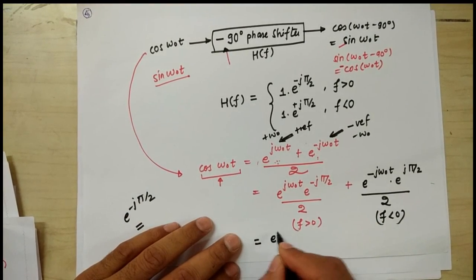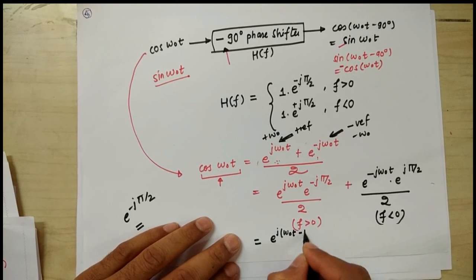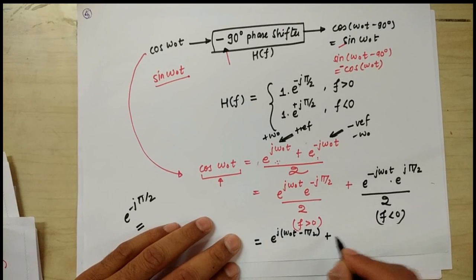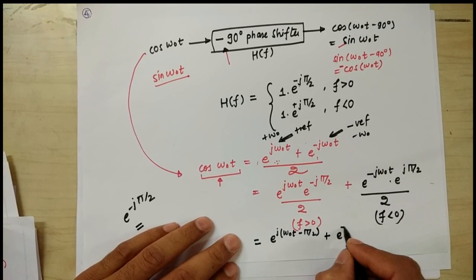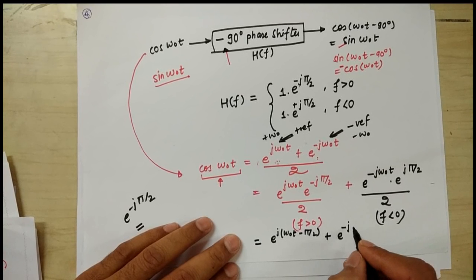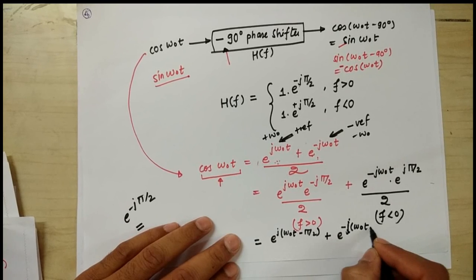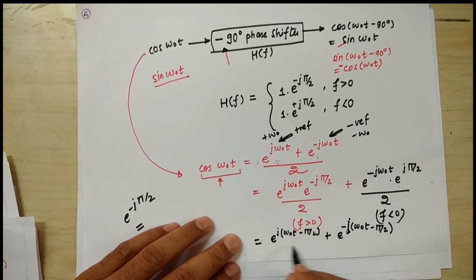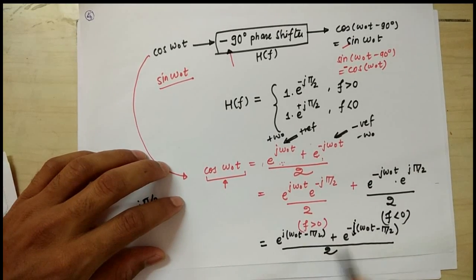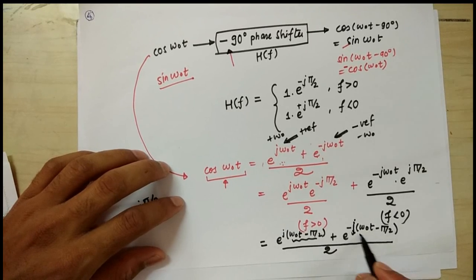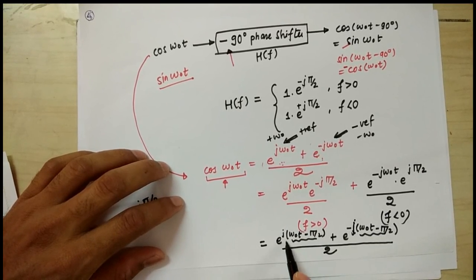So we get e power j omega naught t minus pi by 2 plus e power minus j omega naught t minus pi by 2, divided by 2. This is theta, so e power j theta plus e power minus j theta, divided by 2.